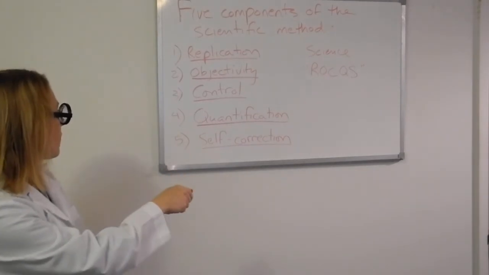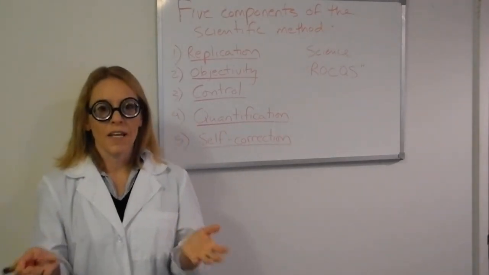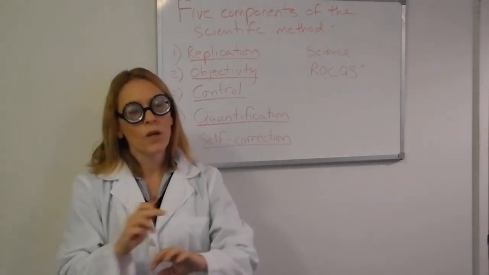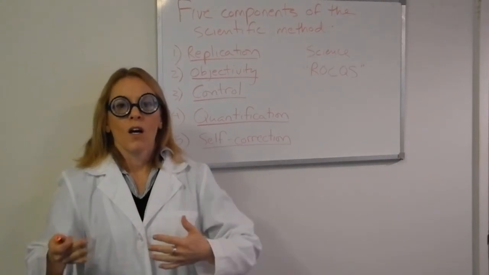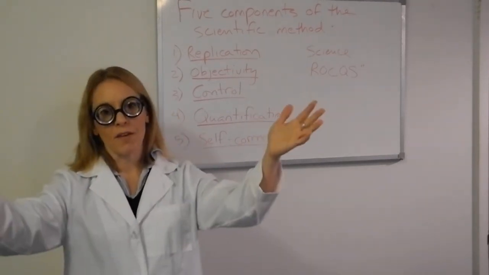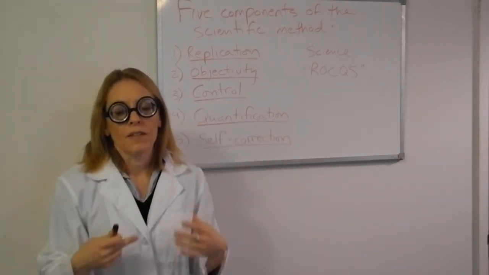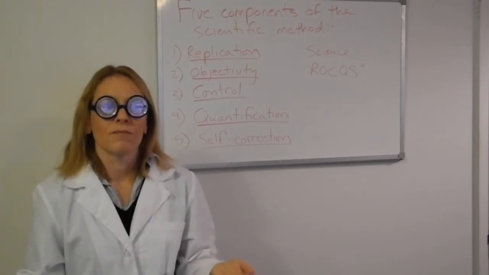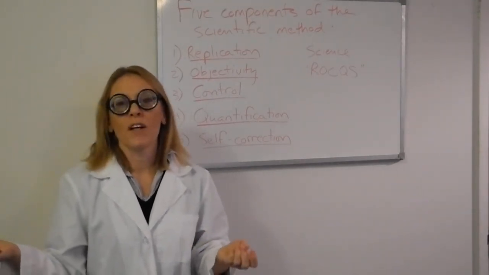Finally, self-correction, a key part of the scientific method, because what it basically means is that science is a public endeavor. We don't hide things in science. We publish things, we get them out there, and that's not just so that we feel all fancy about ourselves, and we don't really get a lot of money for publishing things or even much fame.